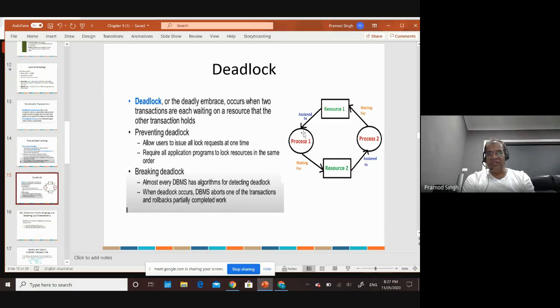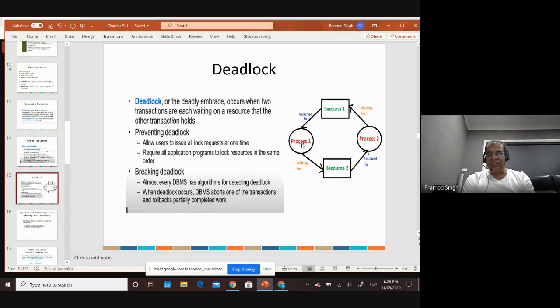Process 1 is able to get resource 1 and locks it, but it's not able to get resource 2, so it's not able to complete. Similarly, process 2 gets the resource 2 lock, but is not able to get resource 1, because both processes require both of the records to complete their process.